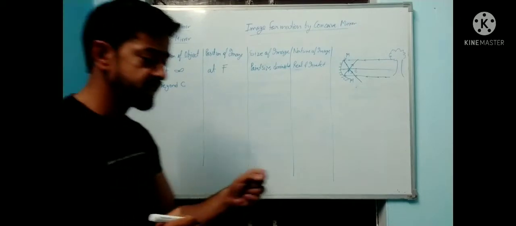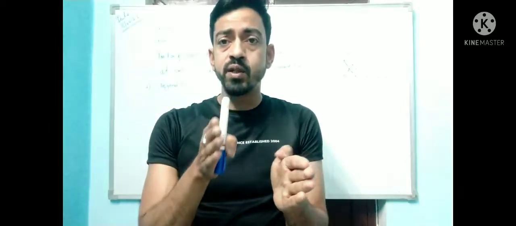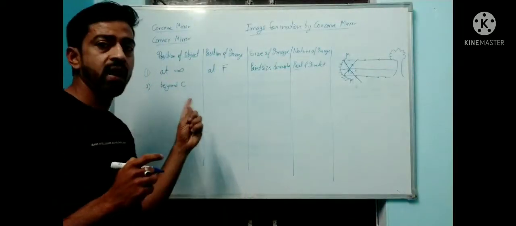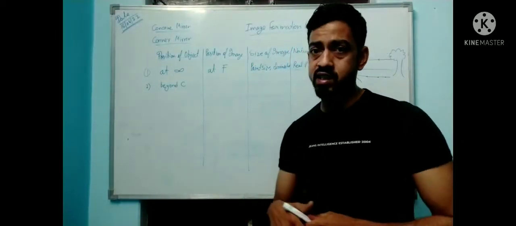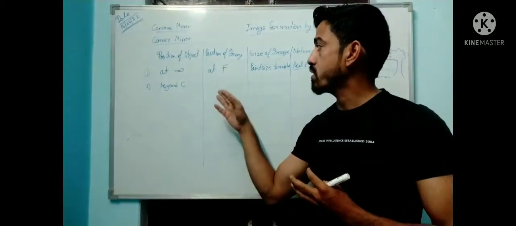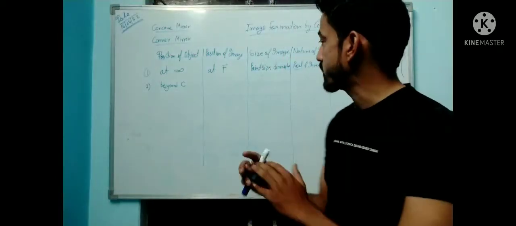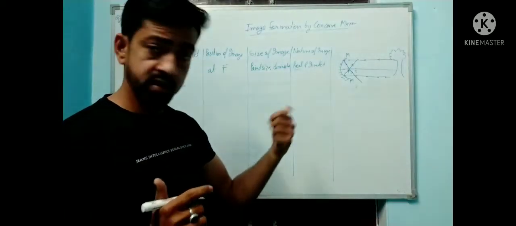First at infinity, then beyond C, then at C, then at F, and then in between distances. So what will happen in case of beyond C? When an object is placed beyond C, the position of image is formed between F and C, size of image is diminished but not so diminished, real and inverted.